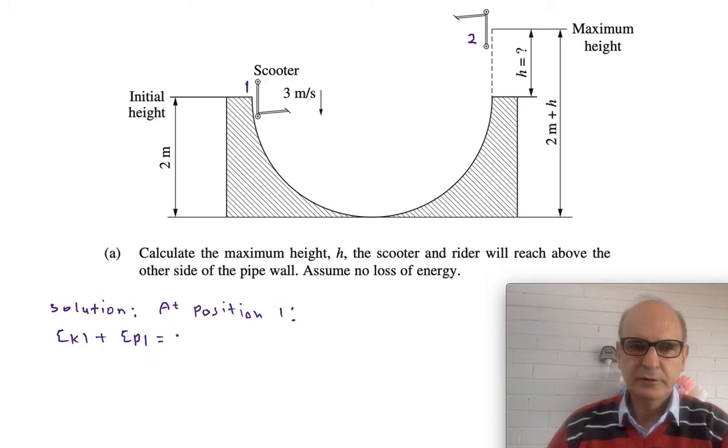So it's going to be half times mass, which is 55, times 3 squared.